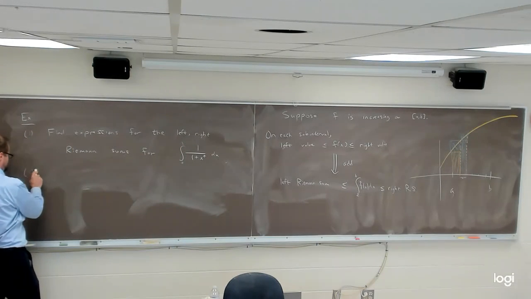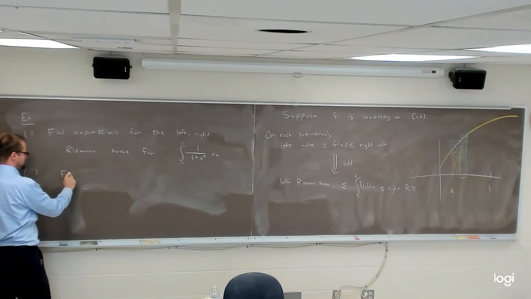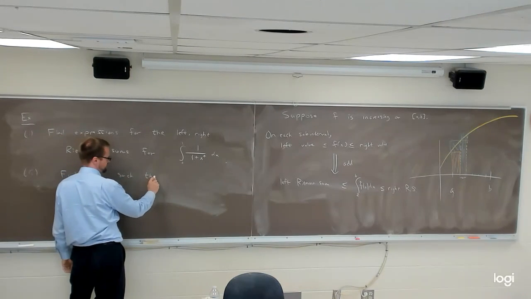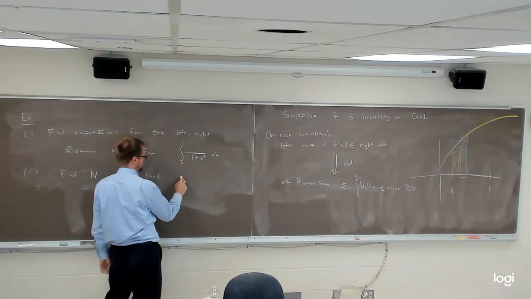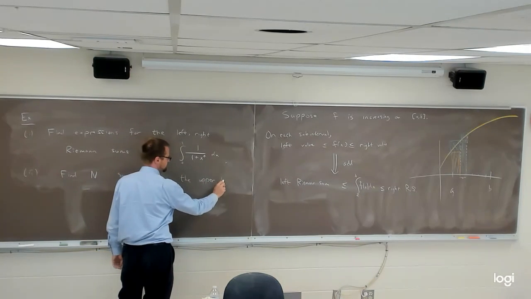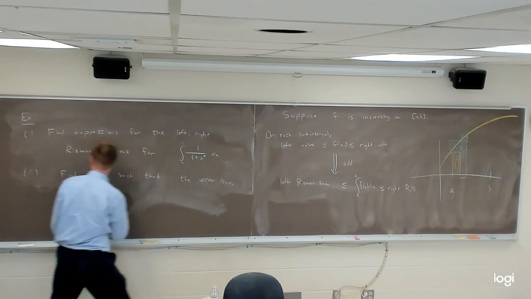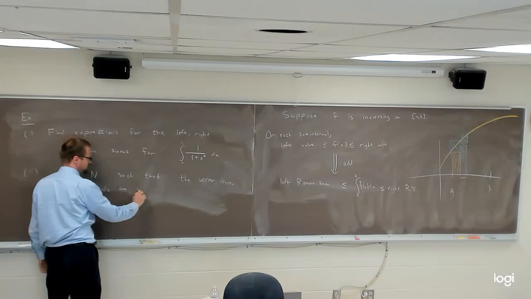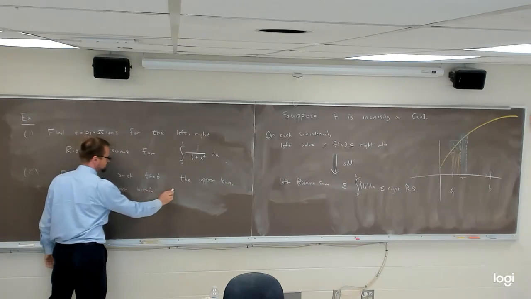Two, find an n such that the upper and lower bounds are within 0.01 of each other.